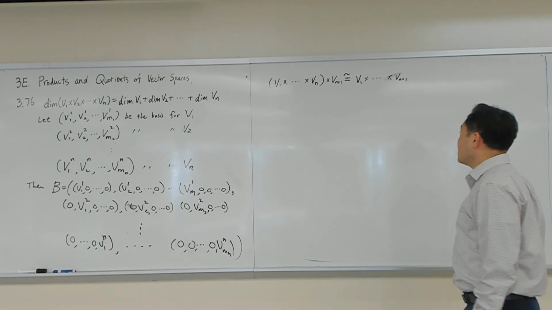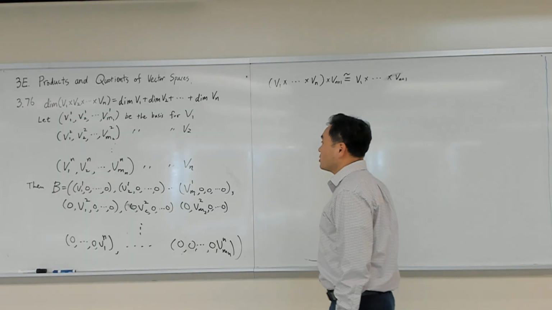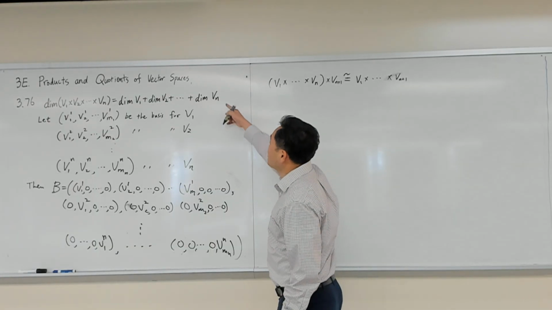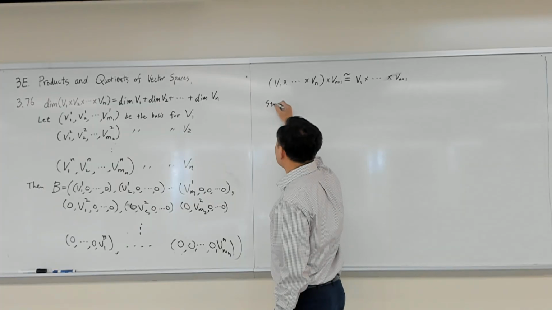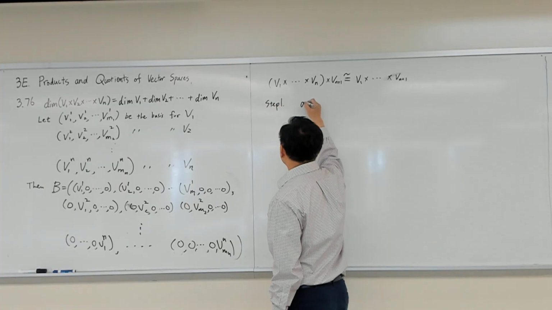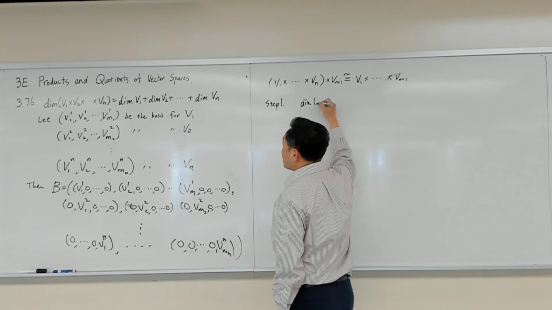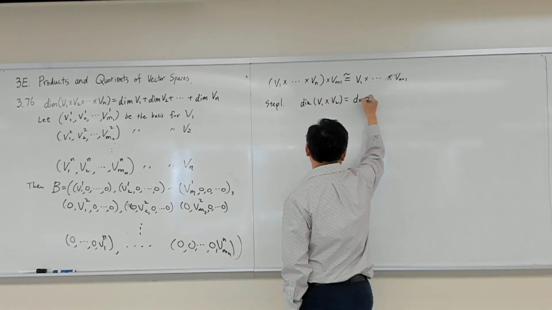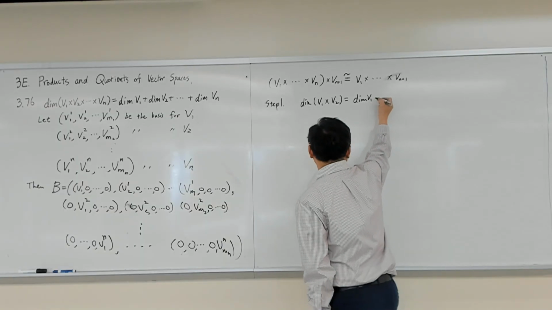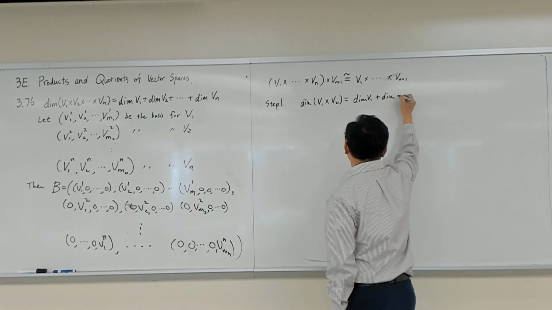So you can just prove this theorem for two sets. So step 1, prove that the dimension of V1 times V2 is the dimension of V1 plus the dimension of V2.